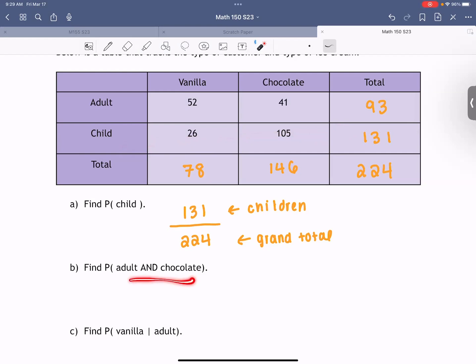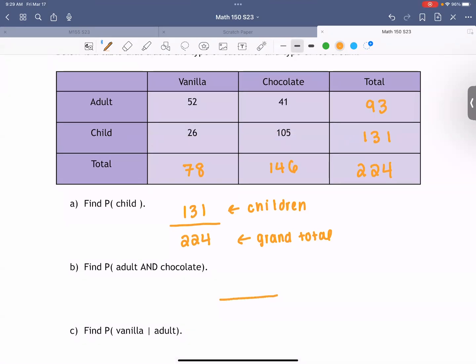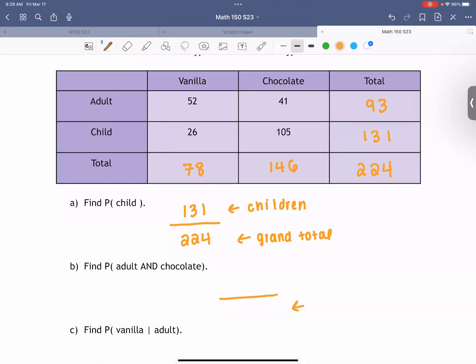This is still a regular probability that we've been dealing with before. If I wanted to find the probability of, okay, I want to get everyone together, I'm going to select a person out of every single person here, and I want to know the probability that this person is both an adult and likes chocolate. Well, it's going to be a fraction. This is a normal probability, there's nothing weird about it.